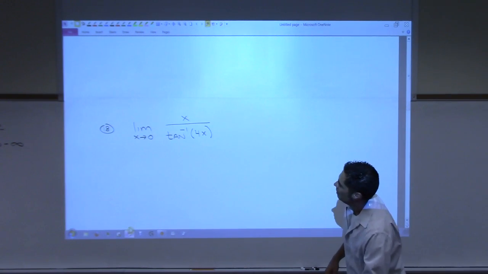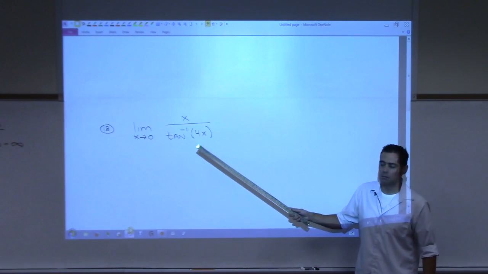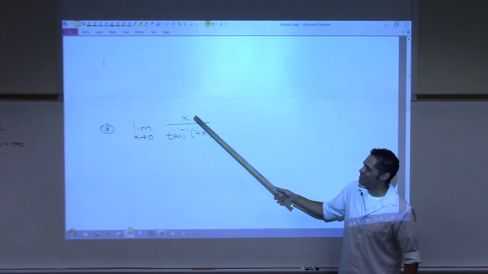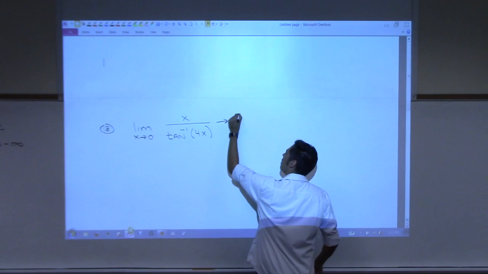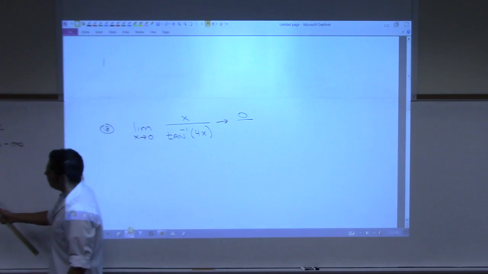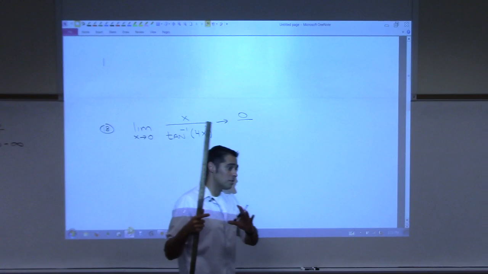So let's see if we can get our heads around this. X goes to 0, and you get 0 on top, right? See, 0 on top by itself doesn't tell us anything, because it could be indeterminate.